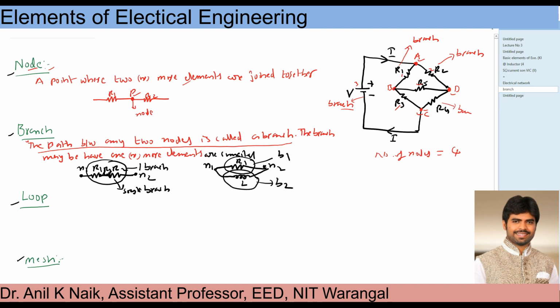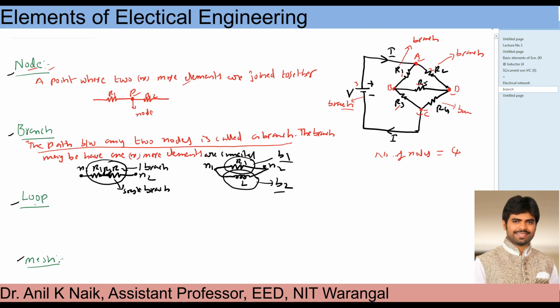So in this case, where the two elements are connected in parallel, I am considering branch 1 and branch 2. But if these elements are connected in series in between the two nodes, then all the elements can be combined and considered as a single branch. So that is the meaning of this particular statement.